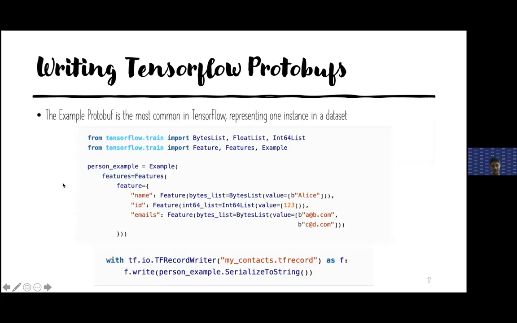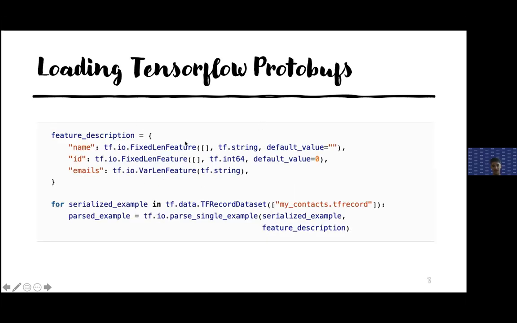If you see right here, we're manually assigning the values, Alice, their features 1, 2, 3, and their emails. However, you can write a script that, let's say you have a CSV file, defines these fields and then reads the CSV file and assigns it directly into the TF record and serializes it on the fly, which is really useful when dealing with big data sets that you want to convert into TF records.